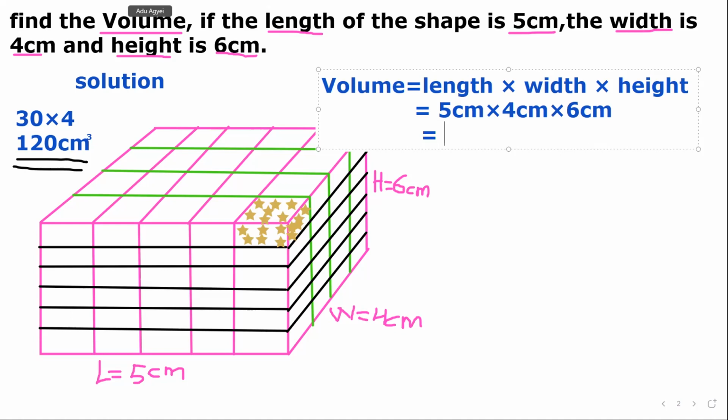Therefore, 5 times 4 is 20, and then 20 times 6 is also 120. So we have the 120 centimeters cube. Okay, and that is the formula.